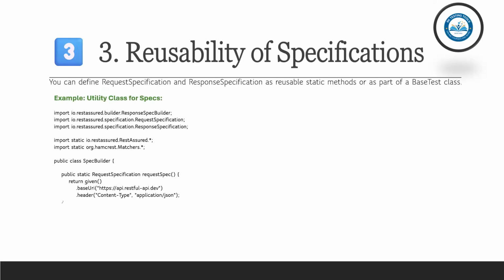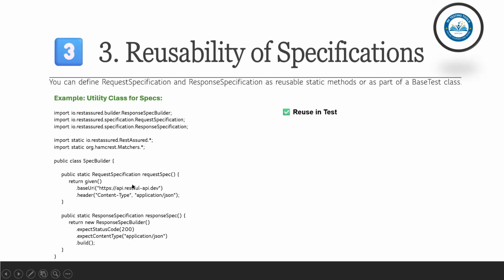We are going to create a separate spec builder class, where you define two different methods: one is request spec and the other is response spec. These two methods we are going to use across all your test scripts. Here, one method returns the request specification, and the other returns the response specification. So how do we use this in your test method?